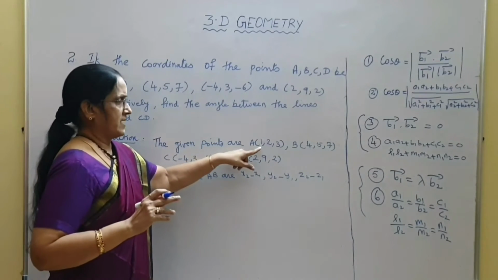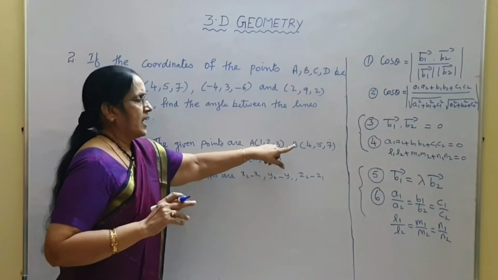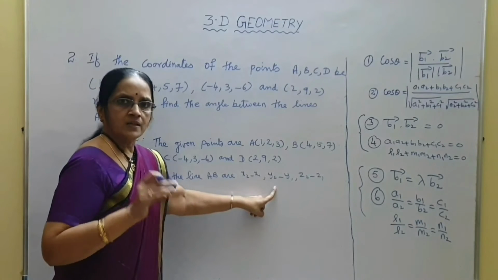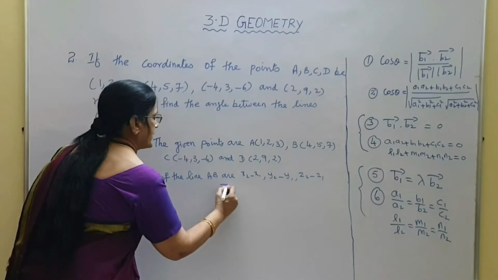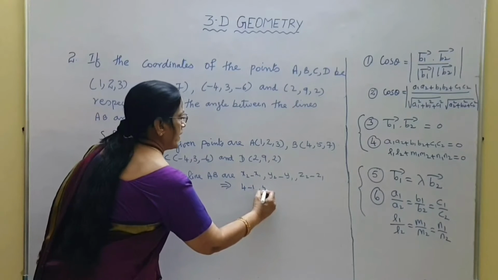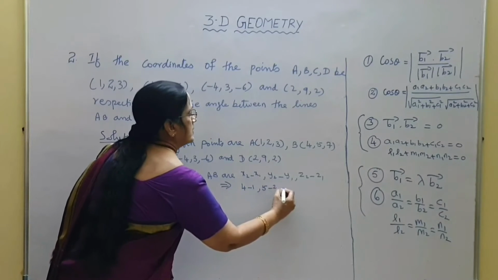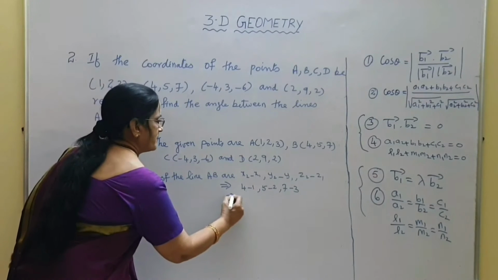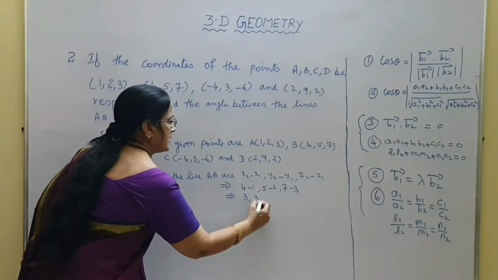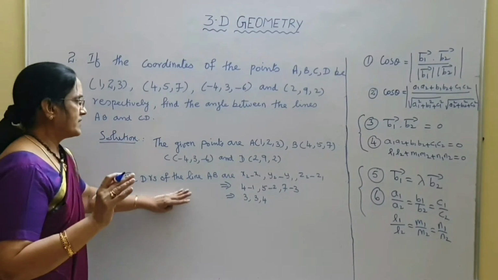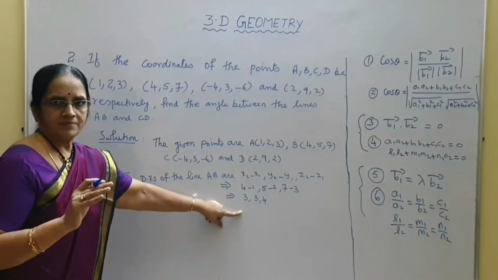Take this point A as x1, y1, z1 and B as x2, y2, z2. Substitute in this formula, you will be getting, this implies the DRs are 4 minus 1, 5 minus 2, 7 minus 3, which is nothing but 3, 3, 4. So, you got the DRs of the line AB.